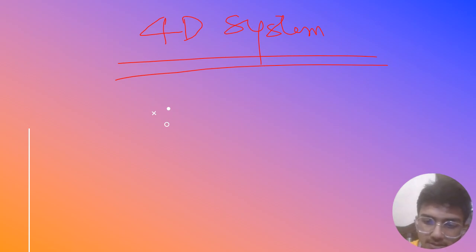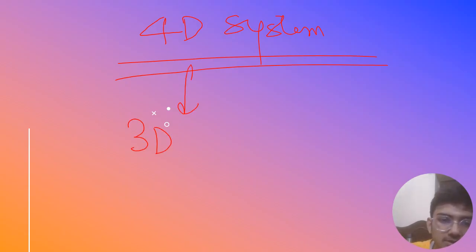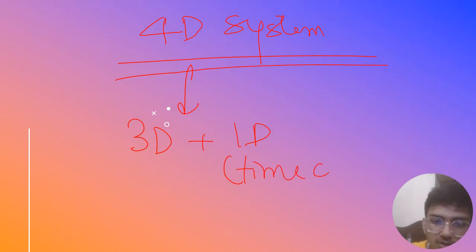But then in the whole journey of relativity, we understood that time plays a very important role. So a separate time coordinate has been defined, and that combines with the 3D system and forms the 4D system. So this is nothing but the extension of the 3D system with a 1D system, and that 1D is the time coordinate. Okay.